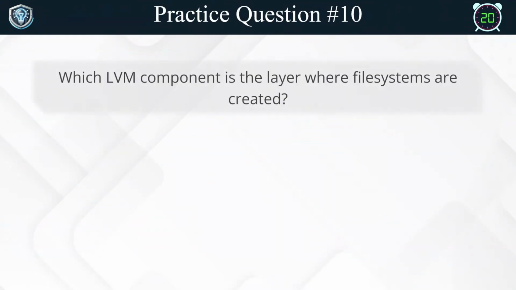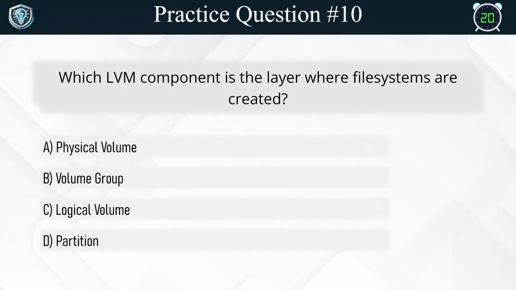The question is, which LVM component is the layer where file systems are created? Let's see the options. Option A, physical volume, option B, volume group, option C, logical volume, option D, partition.